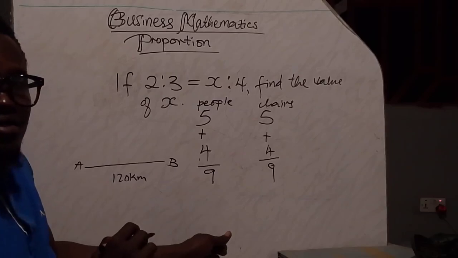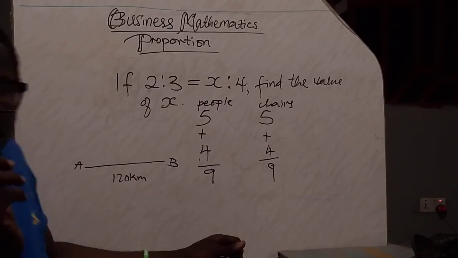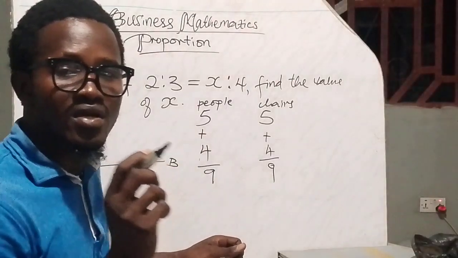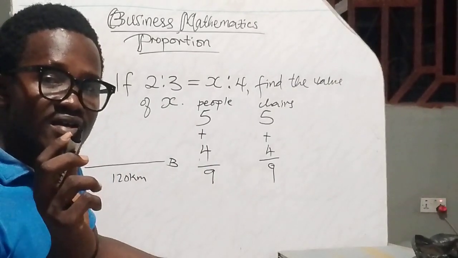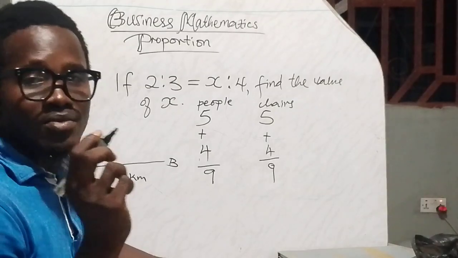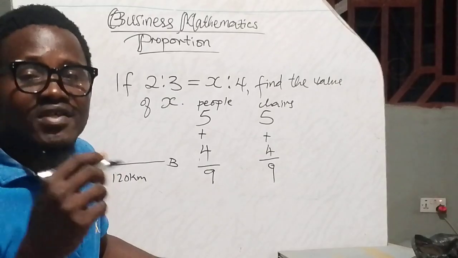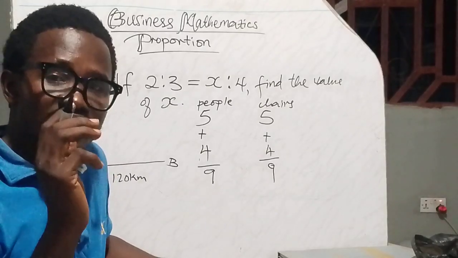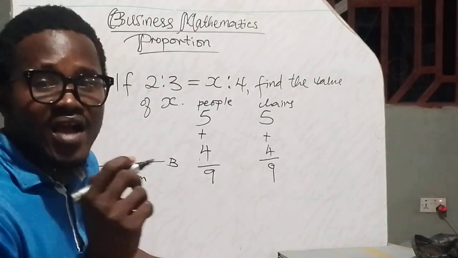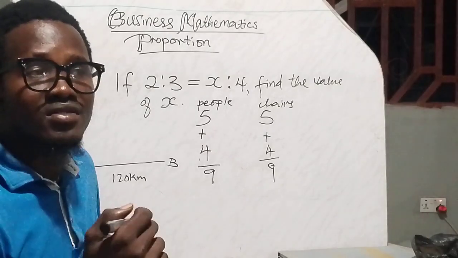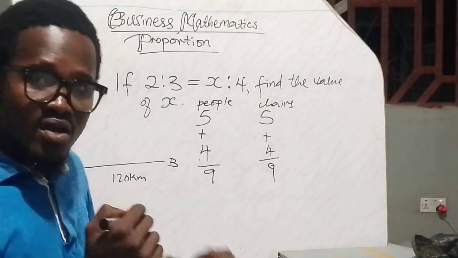This is a distance of 120 kilometers from point A to point B. Now, the speed of the car will tell you the time that the car has to take. If the speed increases, then the time has to reduce. In other words, if the car runs faster, then the time spent on the way to cover the distance, the 120 kilometers, has to drop.